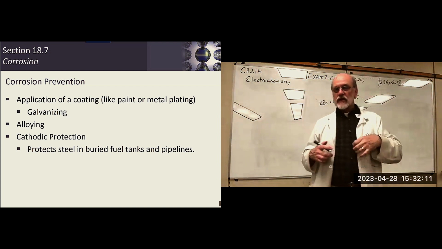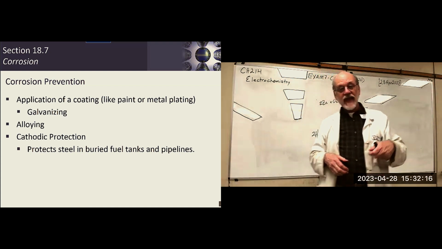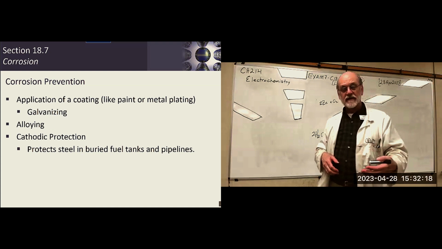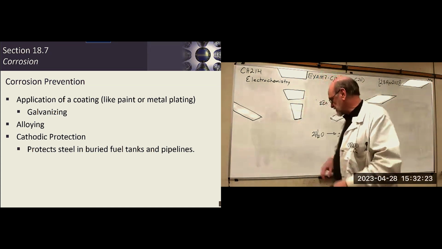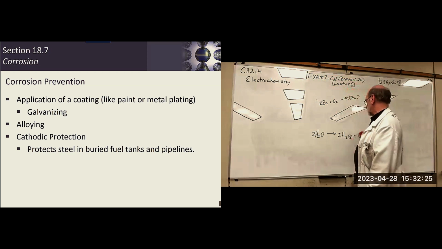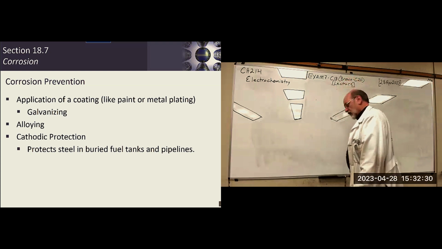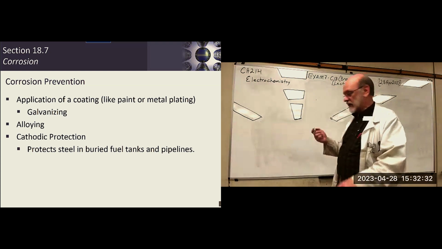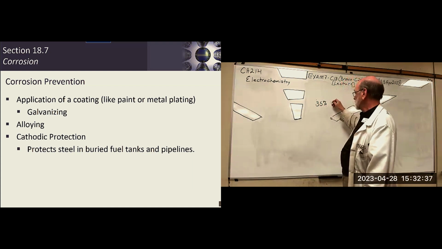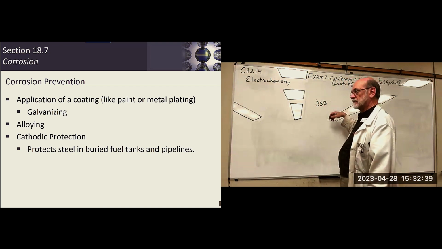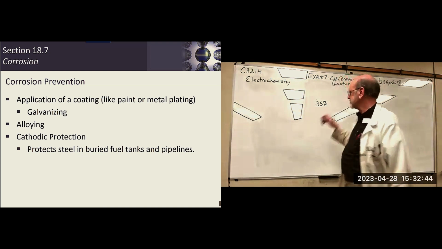Another way, you can alloy your metal with a metal that is more reactive than the metal you want to retain uncorroded. So that's the idea behind stainless steel. Stainless steel originally, not now, but originally was 35% by mass chromium.